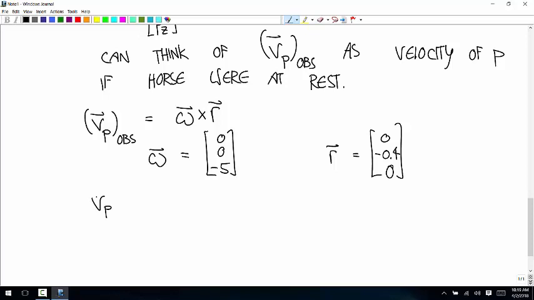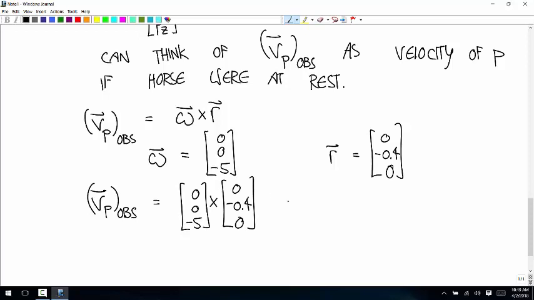And so the velocity of that point that's observed by the coordinate system is 0, 0, negative 5, crossed with 0, negative 0.4, 0, which is negative 2, 0, 0. Yep. Meters per second. Yep.